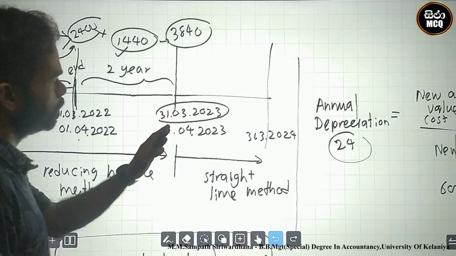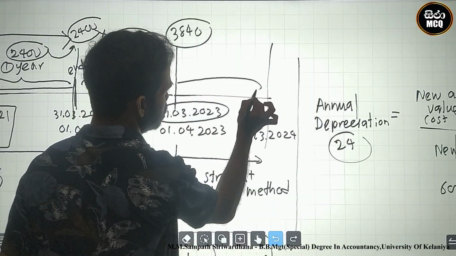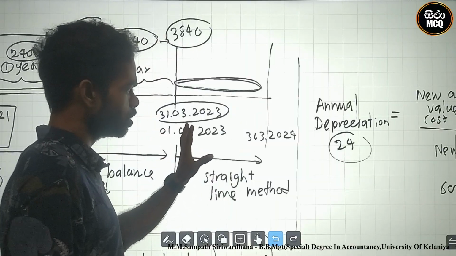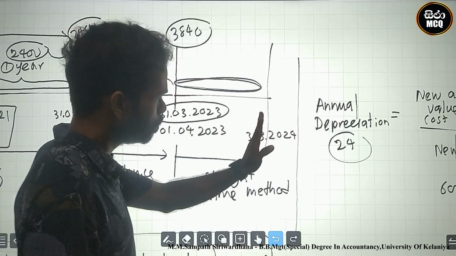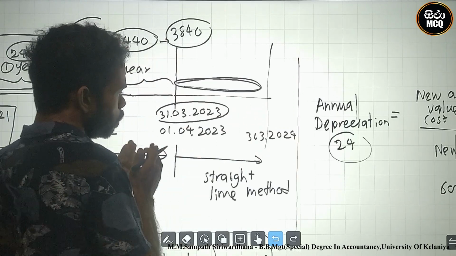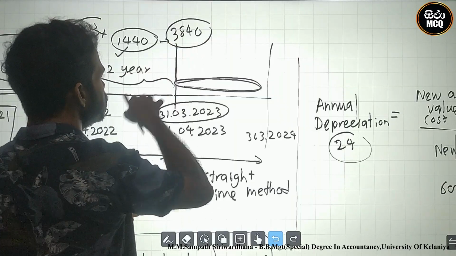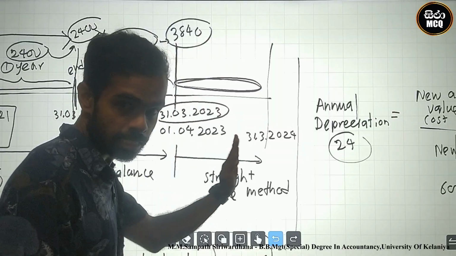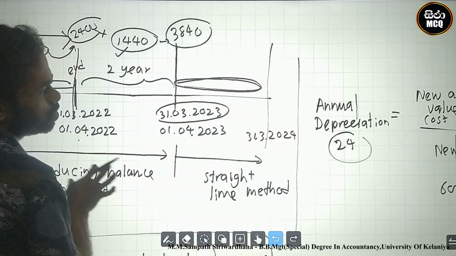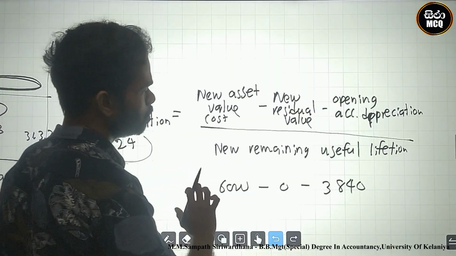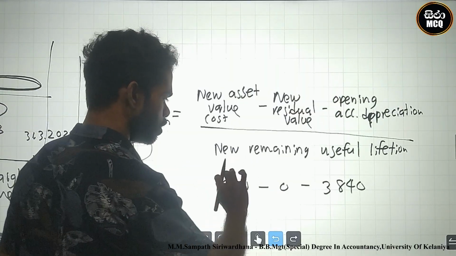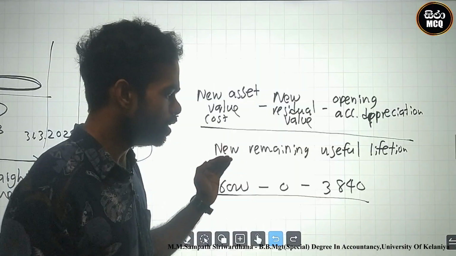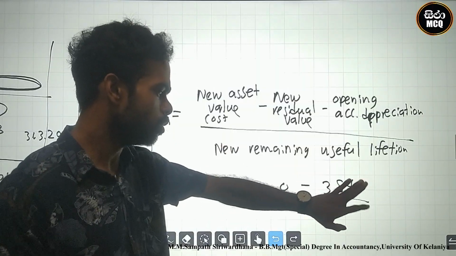Do you agree with this? This is the new calculation of depreciation. 31st March 2023 is the opening date, 31st March 2024 is the closing date. We want the opening cumulated depreciation, which is 3,840 for this year. Therefore, this is the remaining depreciable value. Why? 6,000 is the cost. We already depreciated 3,840.